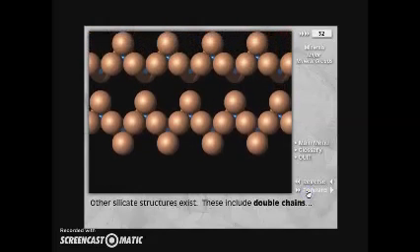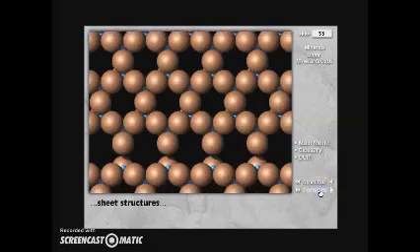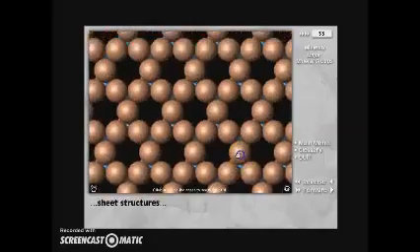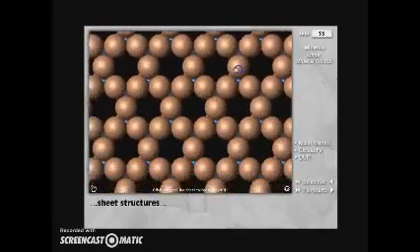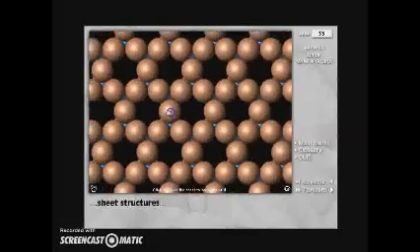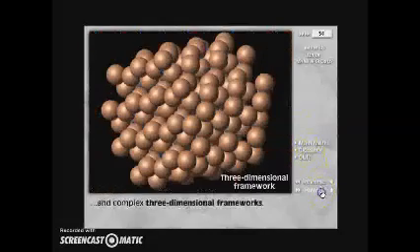Other silicate structures exist. These include double chains, sheet structures, and complex three-dimensional frameworks.